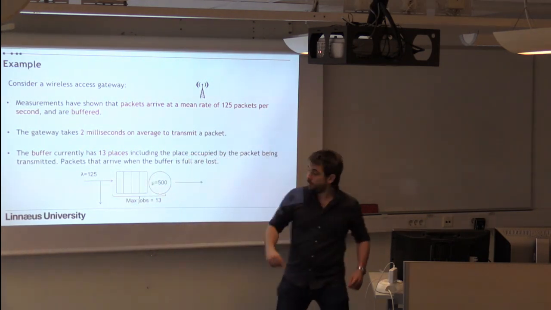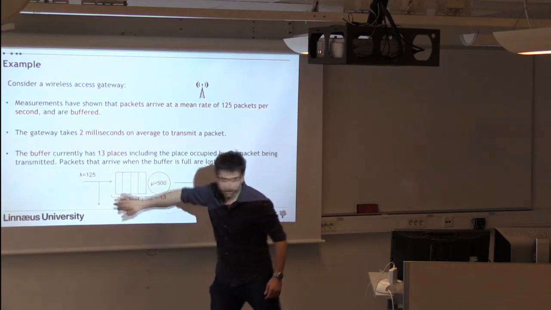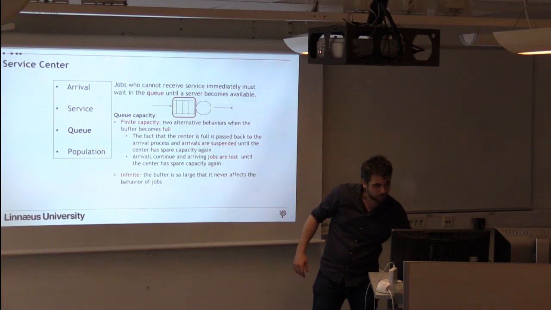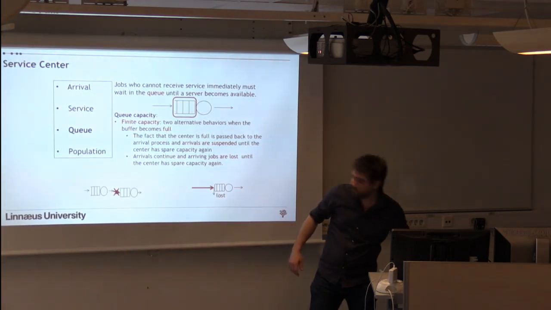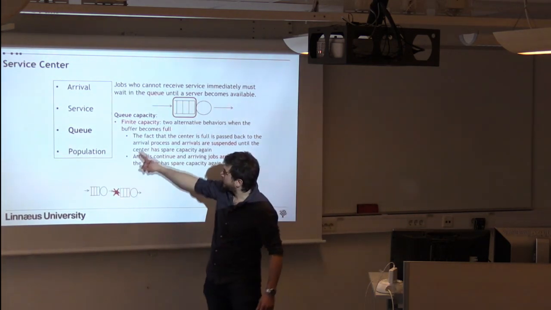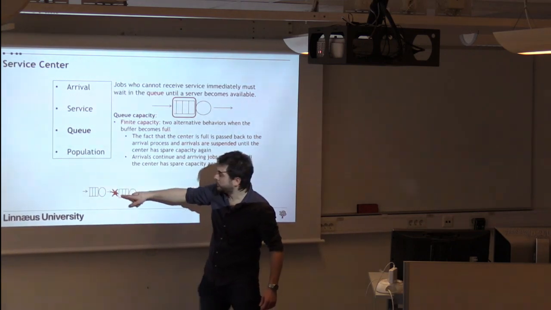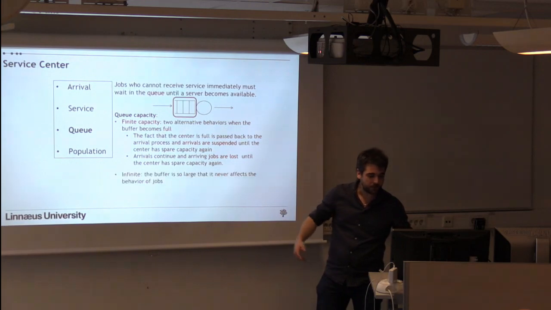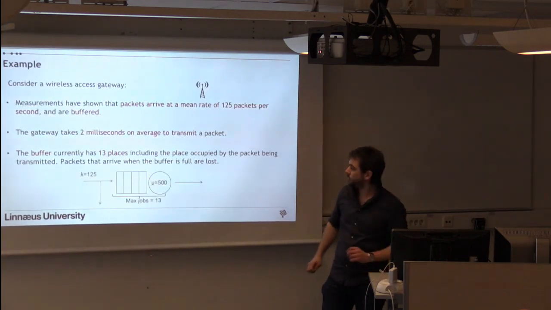If it is open, we don't draw this last line. I didn't say this before: if they are finite, we close the boxes, and if they are infinite, we leave it like this. Just some notation.